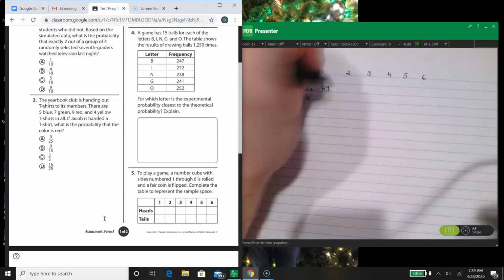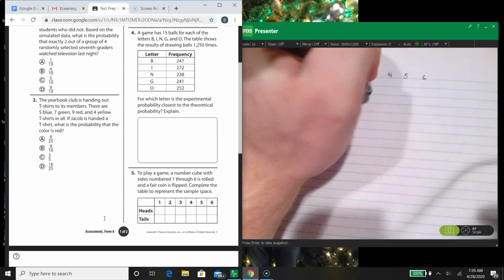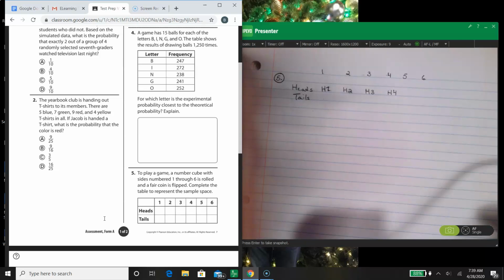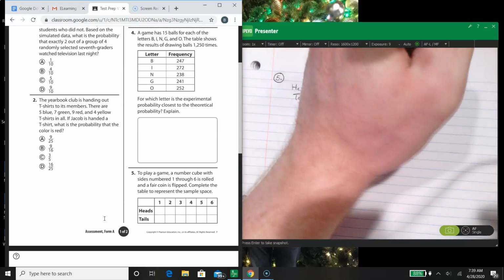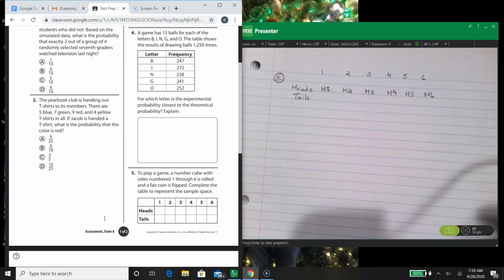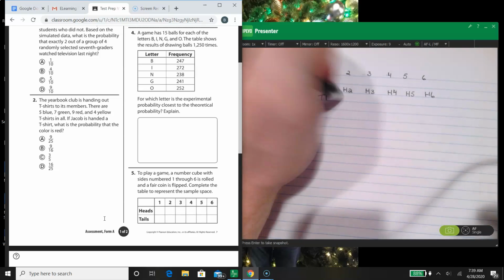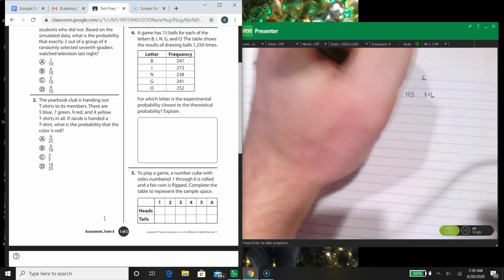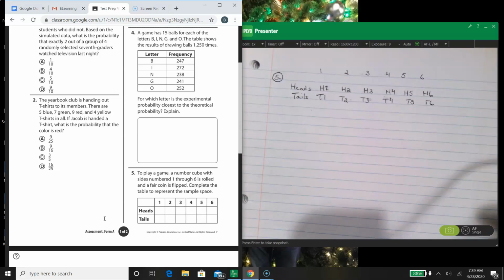So I move over, I'm going to have H2, H3, H4, H5, and H6. Bottom row, I'm going to have T1, T2, T3, T4, T5, and T6. And there you go. The table's completed.